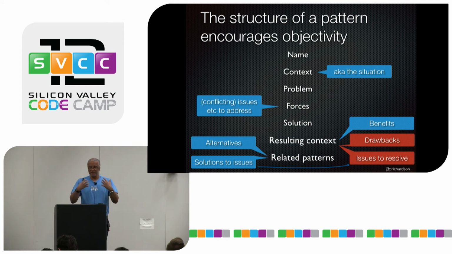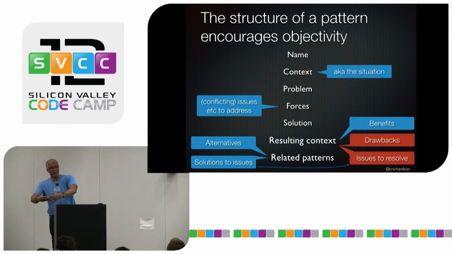So basically, this format leads to patterns forming a web of related patterns. Either patterns are alternatives to one another, or one pattern creates a need to apply other patterns, this sort of predecessor-successor relationship.